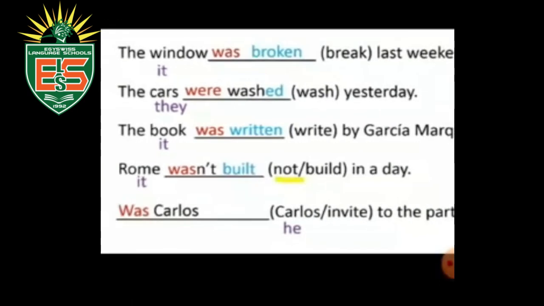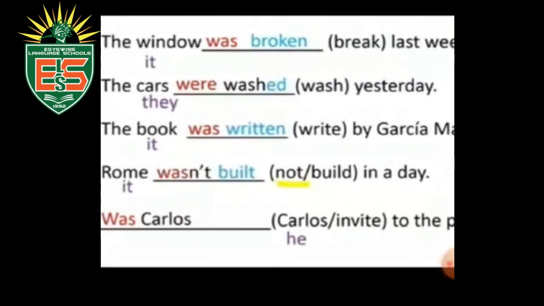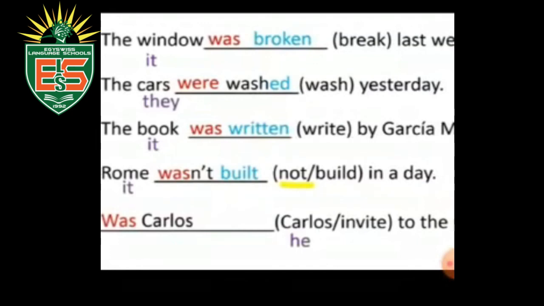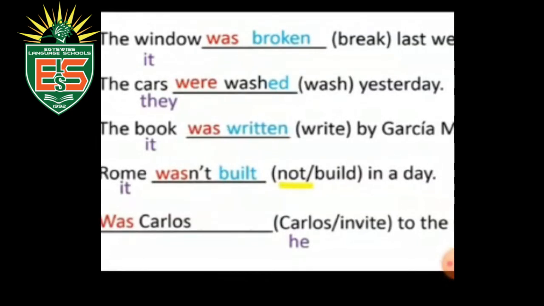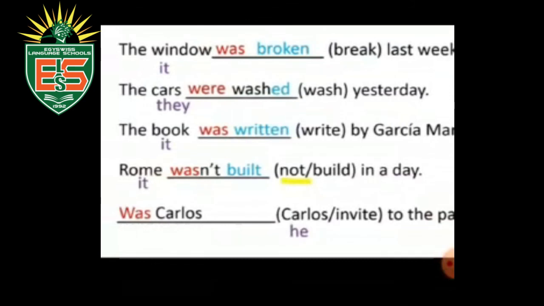So the window was broken last weekend. Sentence number 2, the cars wash yesterday. The cars means they, takes were. So the cars were. Wash in the past participle becomes washed. The cars were washed.